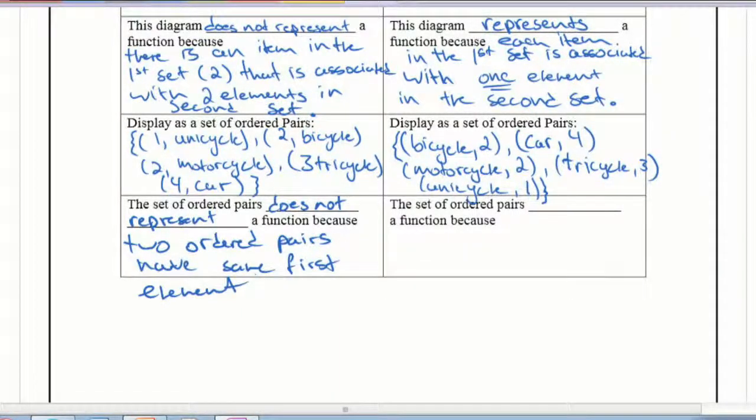So the second column here, the set of ordered pairs represents a function because the ordered pairs have different first elements.